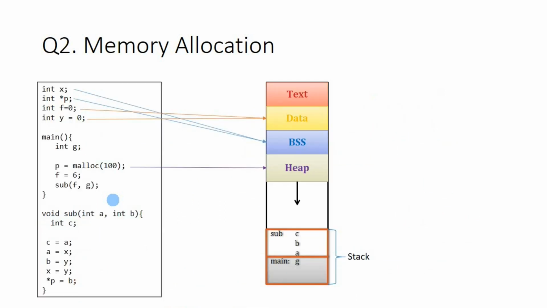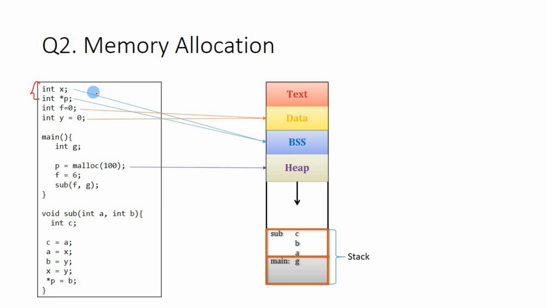Question 2 is asking us to look at how the various parts of a code will be allocated to various sections in the memory. For the first 2 variables here, int x and int *p, both are global but not initialized with any value.